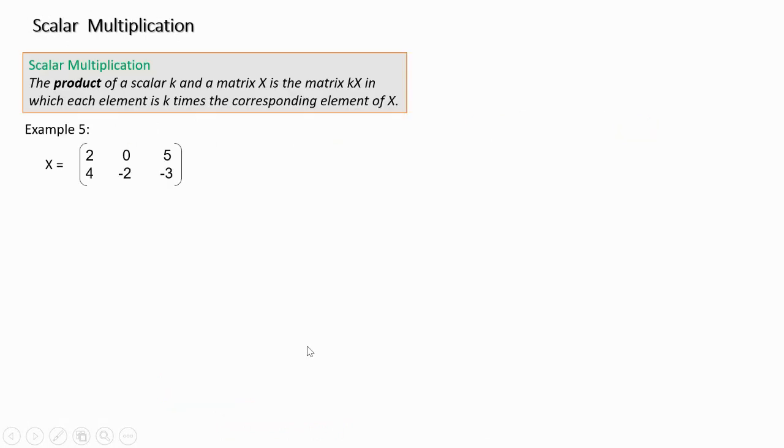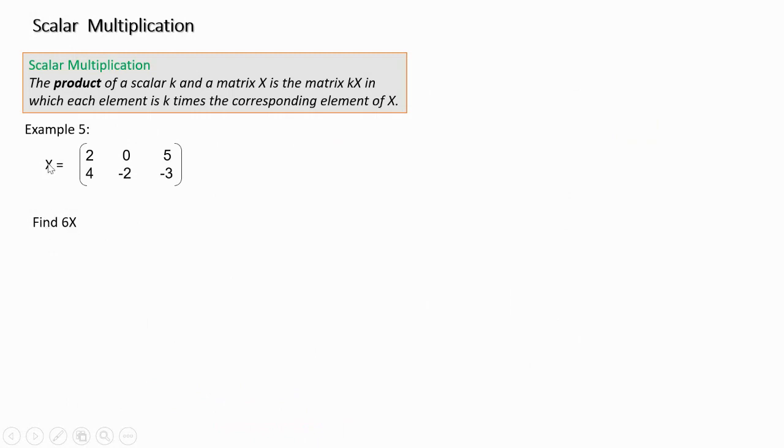Okay, let me continue. Now this is called scalar multiplication. The product of a scalar K and a matrix X is a matrix KX, in which each element is K times the corresponding element of X. So for example, say this is matrix X. You want to find 6X.